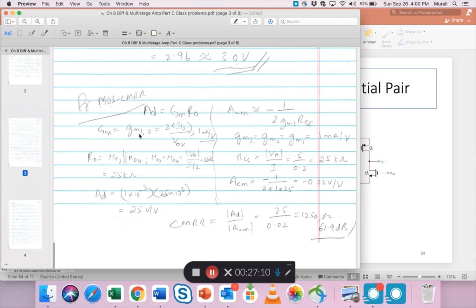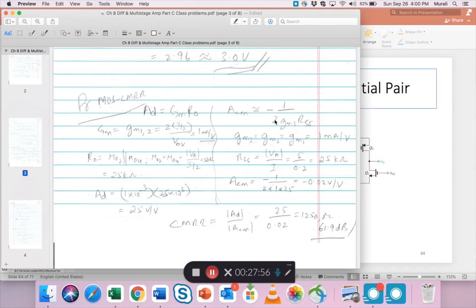So capital GM is small GM12, which is this, which is 1 milliamp per volt. RO, the output resistance, is a parallel combination of RO2 and RO4, each one comes out to be 50K. So if you take the parallel combination, you get 25K. Thus, AD, using this formula, 1 into 10 to the power minus 3, 25 times 10 to the power 3, because this is kilo ohms, so milliamps, it comes out to be 25.